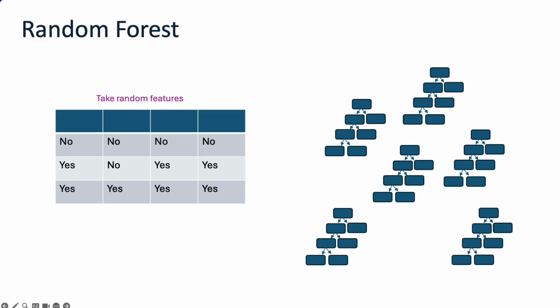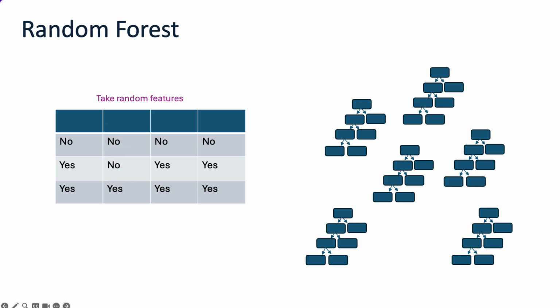So the first thing we need to do is to take random samples from our data through a process called bootstrapping. Bootstrapping is the process of taking random samples from our existing data set and creating a new data set. But we have the same number of samples in both data sets. And this bootstrap data will contain duplicates and missing samples.